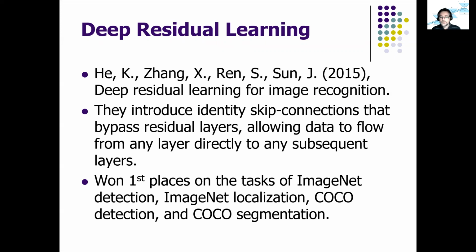They were the best performers for the ImageNet localization task, the COCO detection, and the COCO segmentation datasets. What they did is that they introduced skip connections that bypass the so-called residual layers. I will explain what they mean by that, which allows data to flow from any layer directly to subsequent layers.